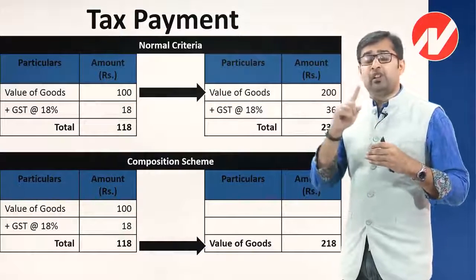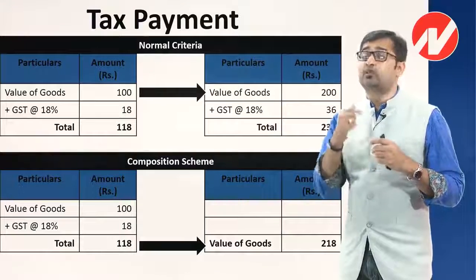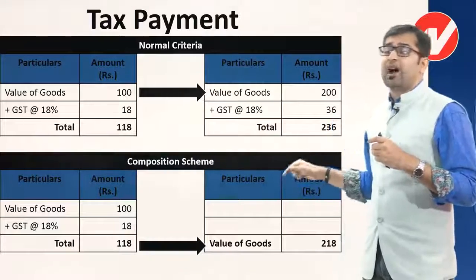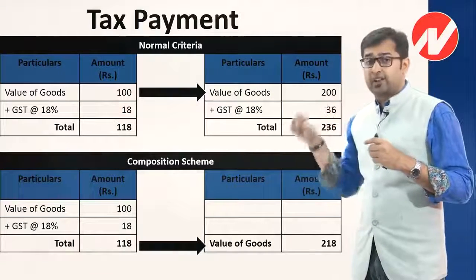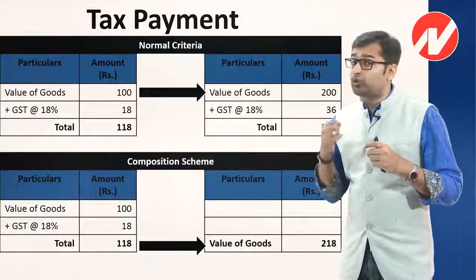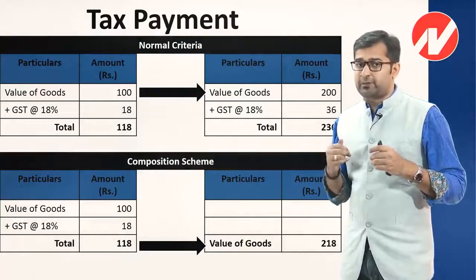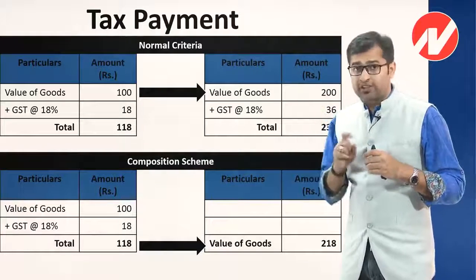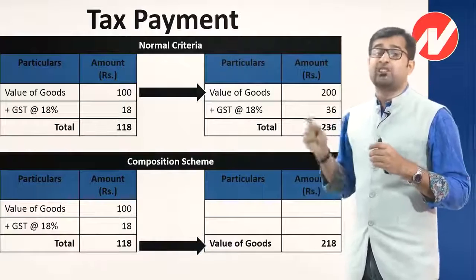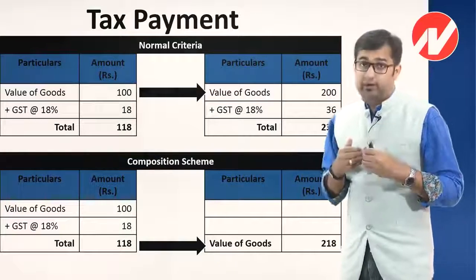So if a customer buys from a person who is following the normal scheme, he'll buy at 236. While if he buys from a person who is coming under the composition category, he'll end up buying at 218. So is it more advisable from the customer's perspective that he should buy a product from a person who is under the normal scheme or under the composition scheme? Answer is he is under the composition scheme because you will end up buying at a cheaper price.